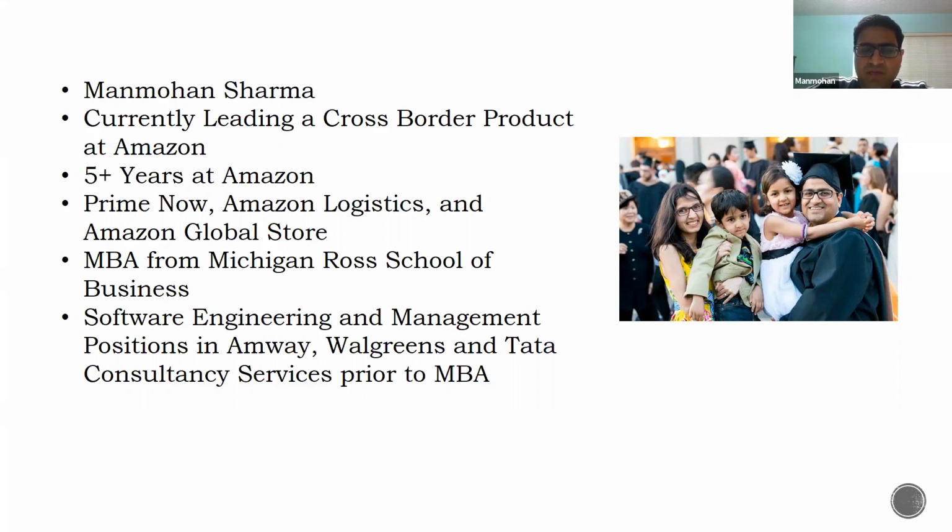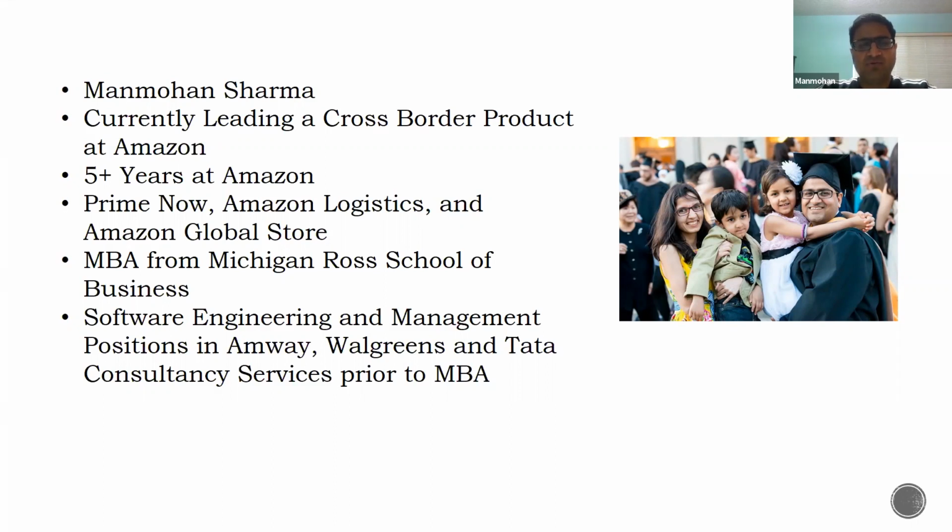And prior to MBA, I have held software engineering positions in Amway, Walgreens, and Tata Consultancy Services across India, Korea, and the United States. So that has been my experience till date.